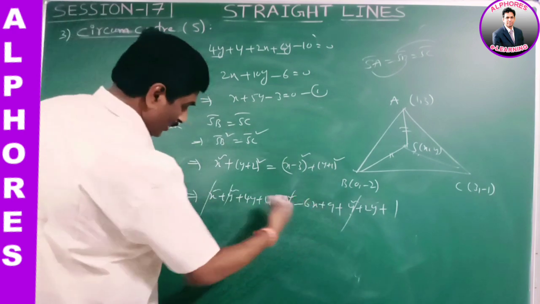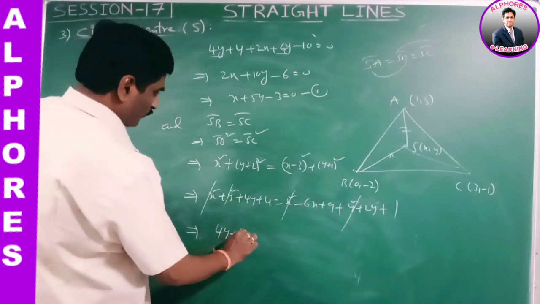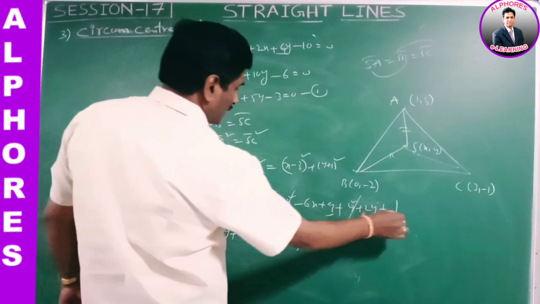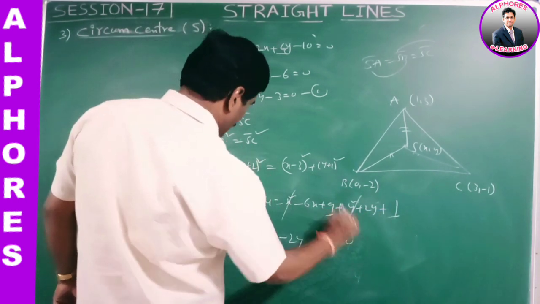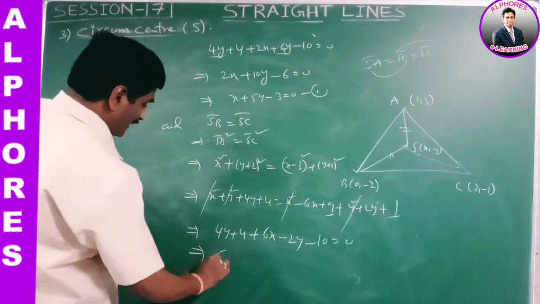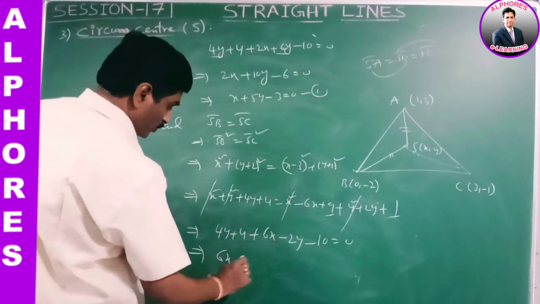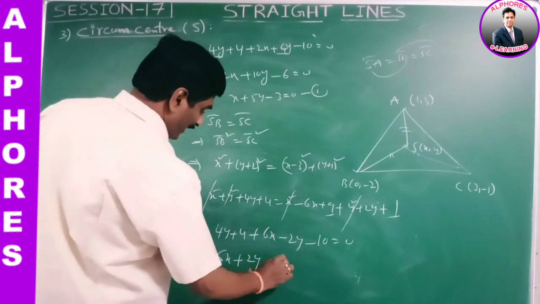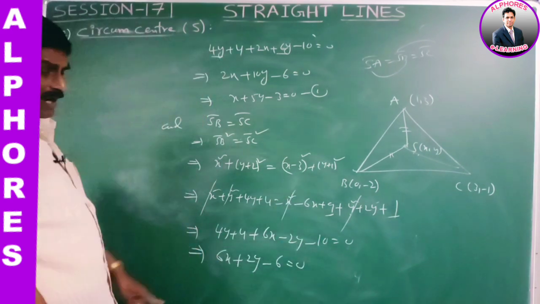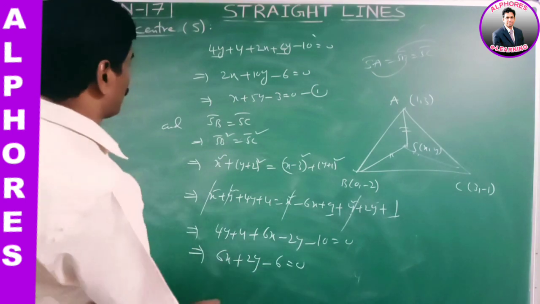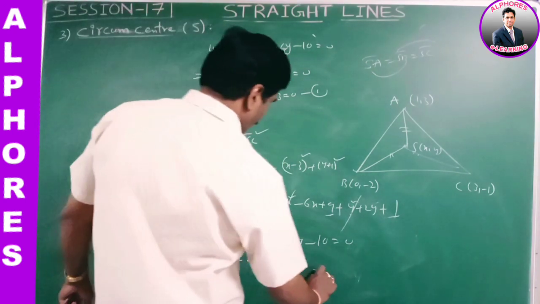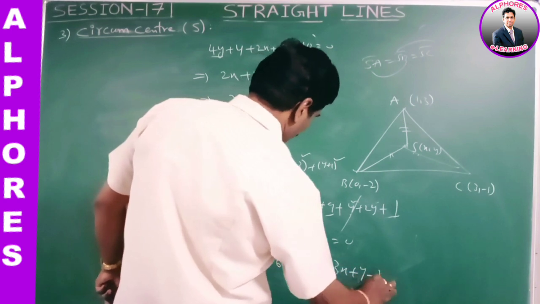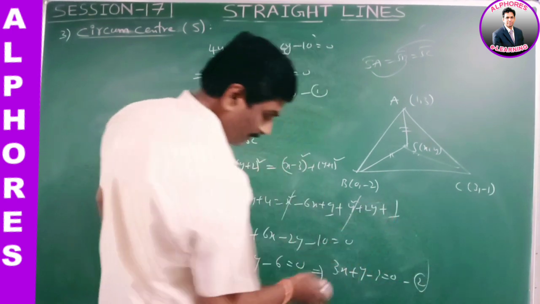Move these values to the left-hand side: 4y + 4 + 6x - 2y - 9 - 1 = 0. So 6x + 2y - 6 = 0. Two is the common term, so it reduces to 3x + y - 3 = 0. This is equation number 2.